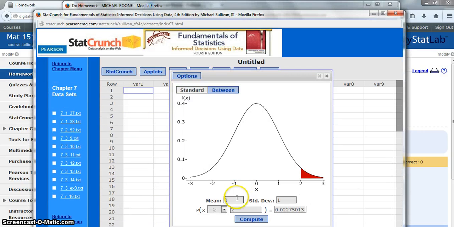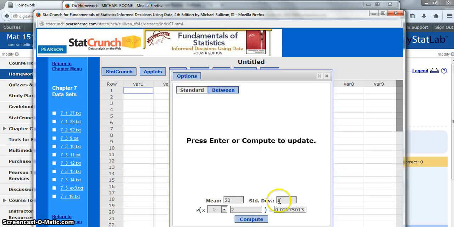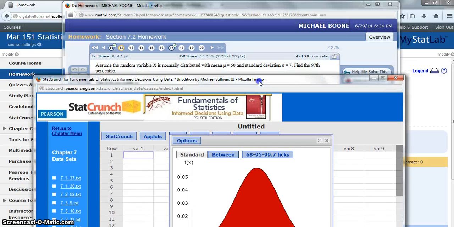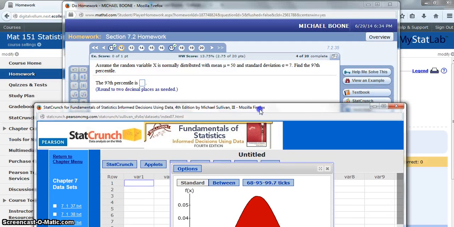The 97th percentile means that 97% of the population is to the left of us. So I'm going to type in my percentage here and find what that value is. It doesn't say what it is.